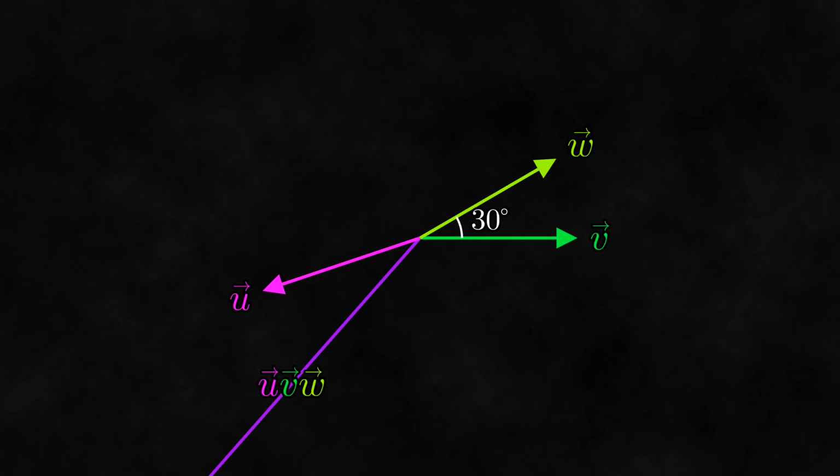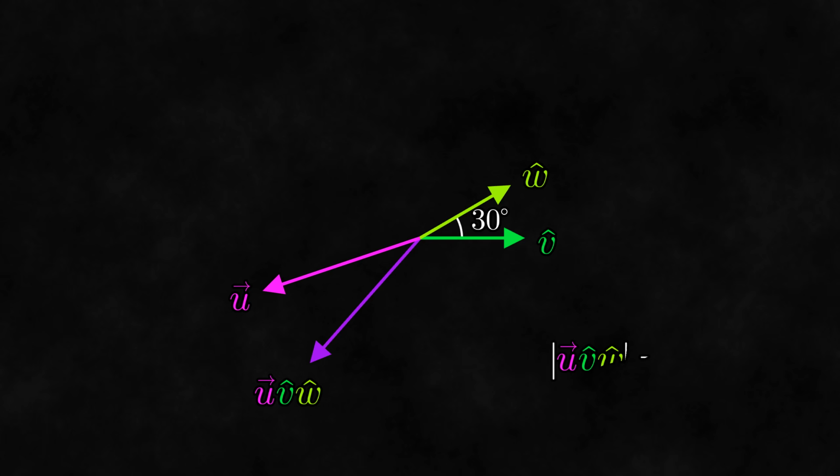Since rotations shouldn't change magnitude, we don't really want this scaling. We can fix this by normalizing v and w before calculating the product. If v and w are normalized, the magnitude of uvw will be equal to the magnitude of u, which is what we wanted.